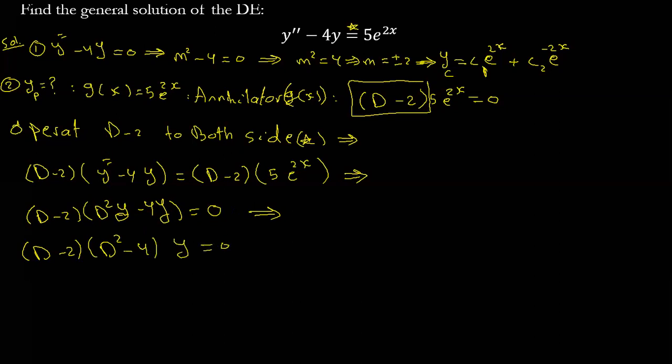Now notice this equation here, it's a homogeneous differential equation, because the right hand side is 0. So how to solve this homogeneous differential equation?